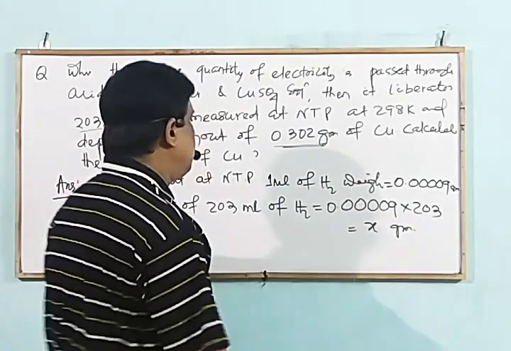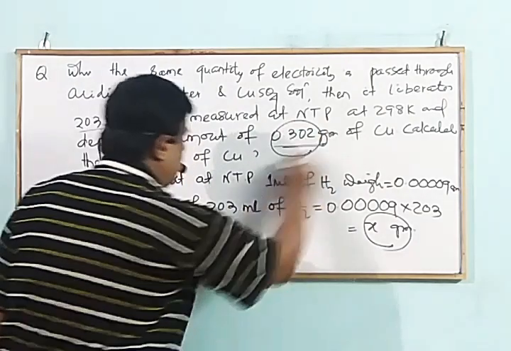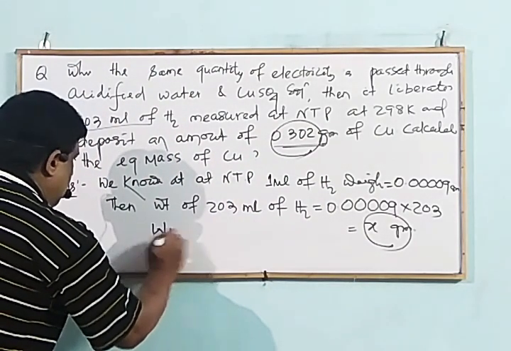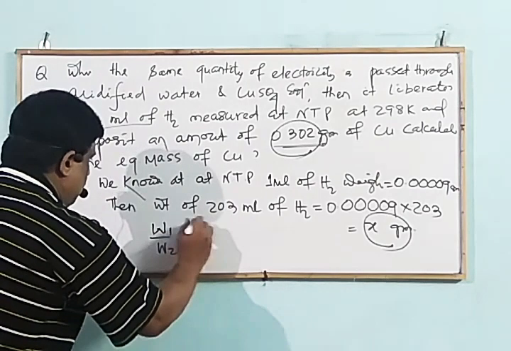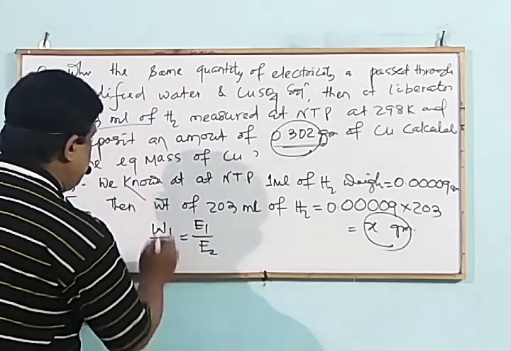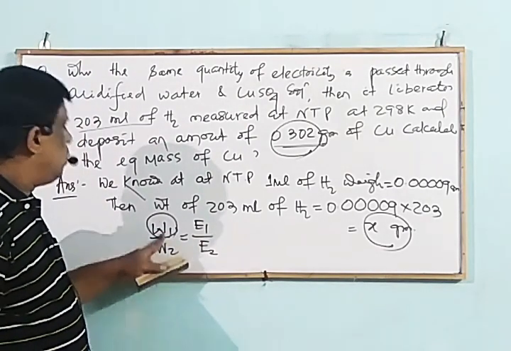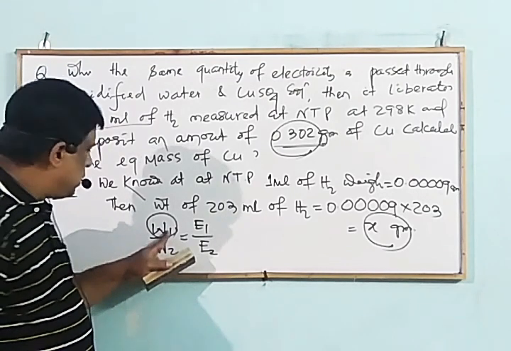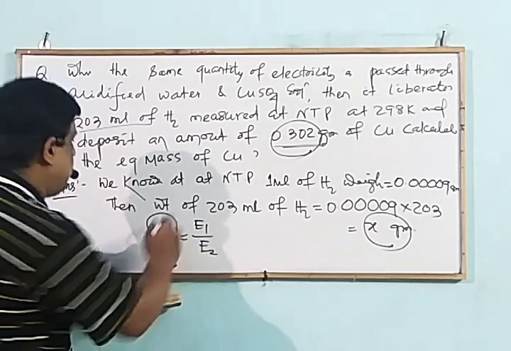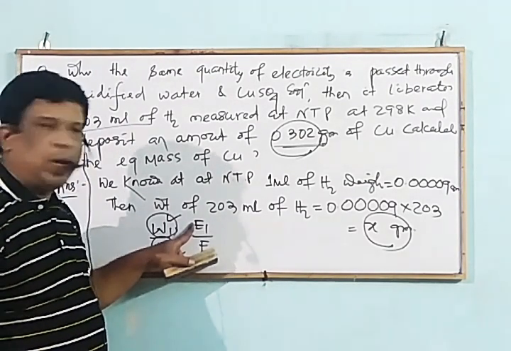Mark that. This is known as W1. This is known as W2. We know the formula. What is the formula? W1/W2 = E1/E2. Suppose W1 is the mass of copper deposited, W2 is the mass of hydrogen liberated. This one is given. Then the question is to calculate the equivalent mass of copper.